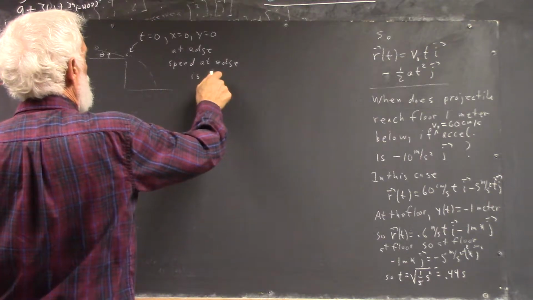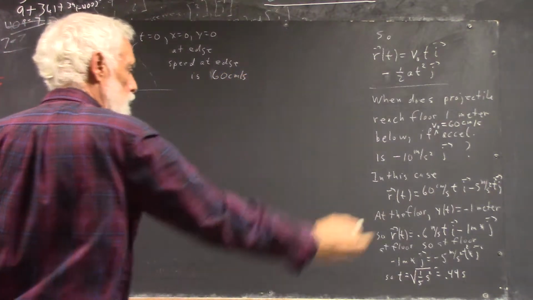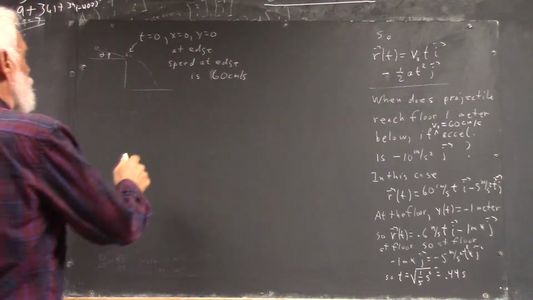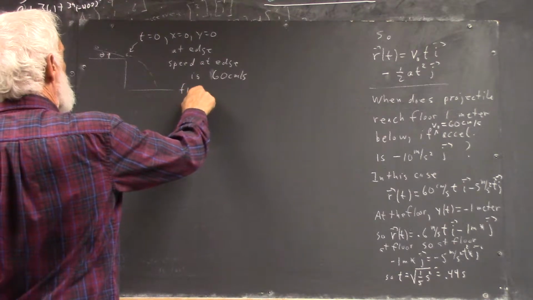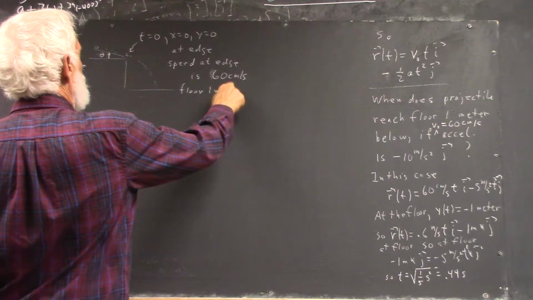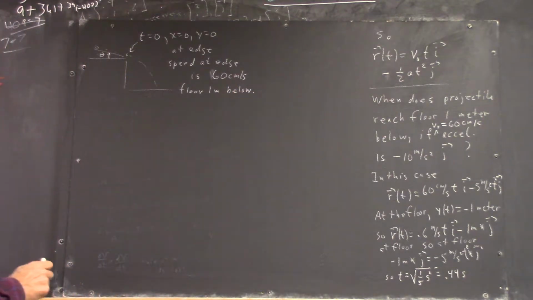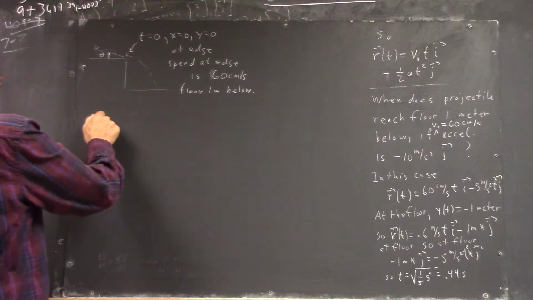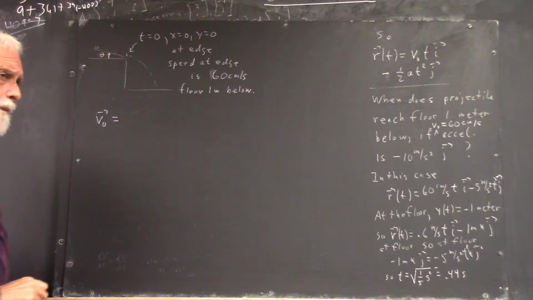Let's say the speed at the edge is, again, 60 centimeters per second. Let's see what kind of difference this makes. So it's the same situation, and you've got 1 meter below. Okay? Well, now what's V naught?